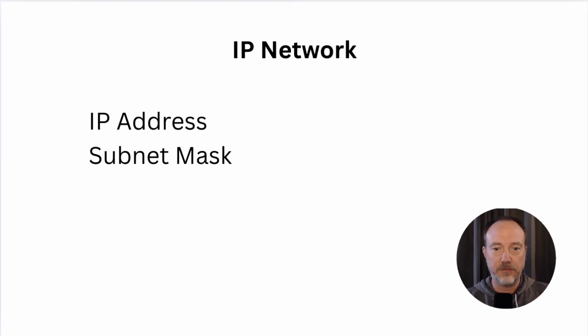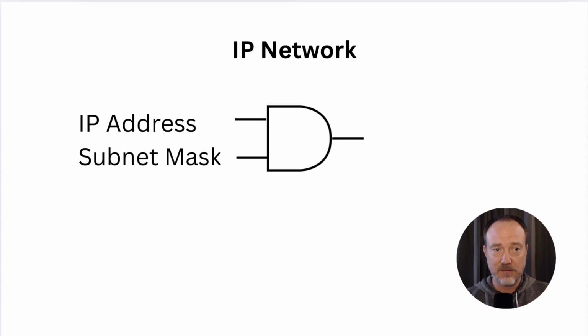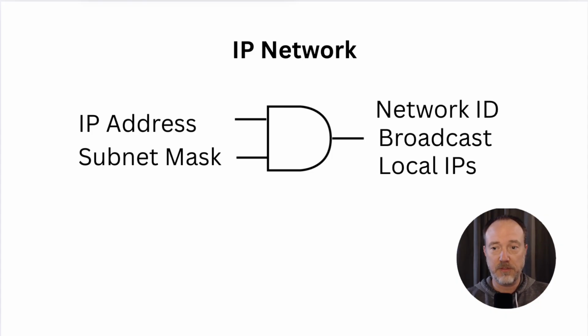Then, once it has an IP address and a subnet mask assigned to it, it runs those values through an AND gate. Through that process, it's able to determine the network ID, the broadcast address, and any other local IP addresses. Basically, what is the usable address range for its local network?